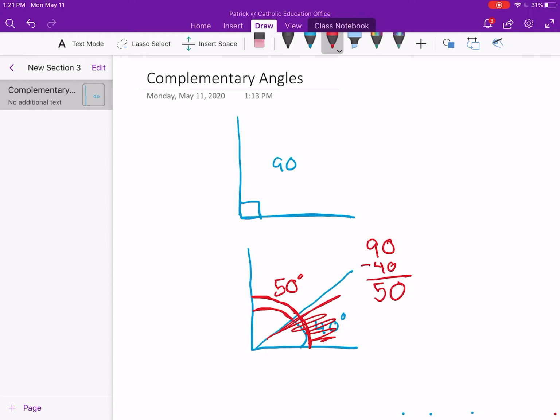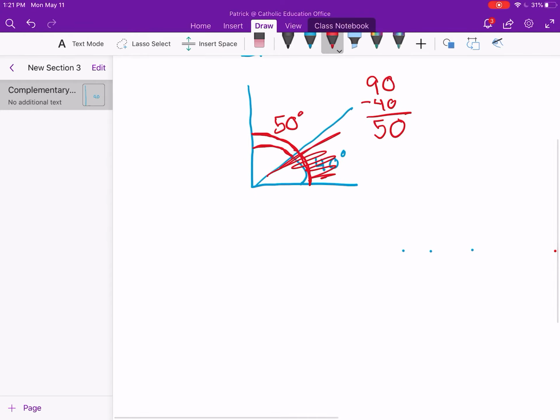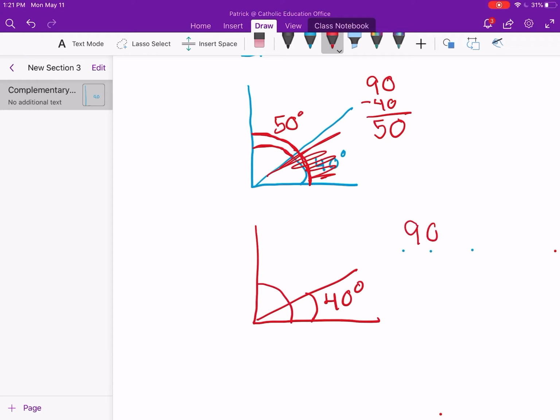Now you could do it the other way, if you like adding a little more. So I have my whole angle, I've got 40 degrees, I know the whole thing is 90 degrees, so I think, well, this side's 40, how much more do I need to get to 90? So 40 plus what equals 90?